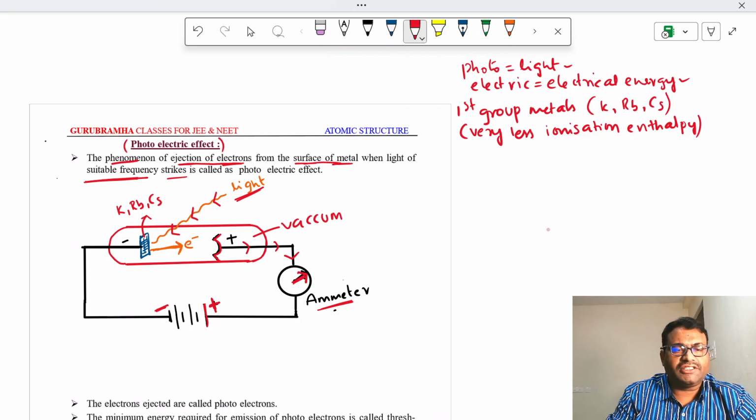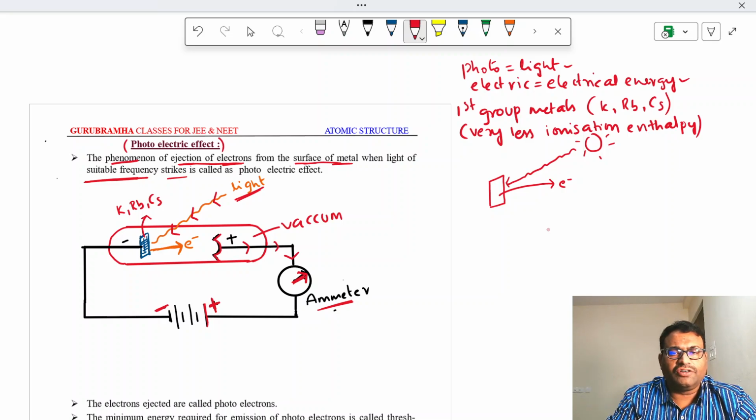See, simply let us take here, this is metal, and let us take sunlight. So sunlight energy is falling on this, so that electron is ejected.